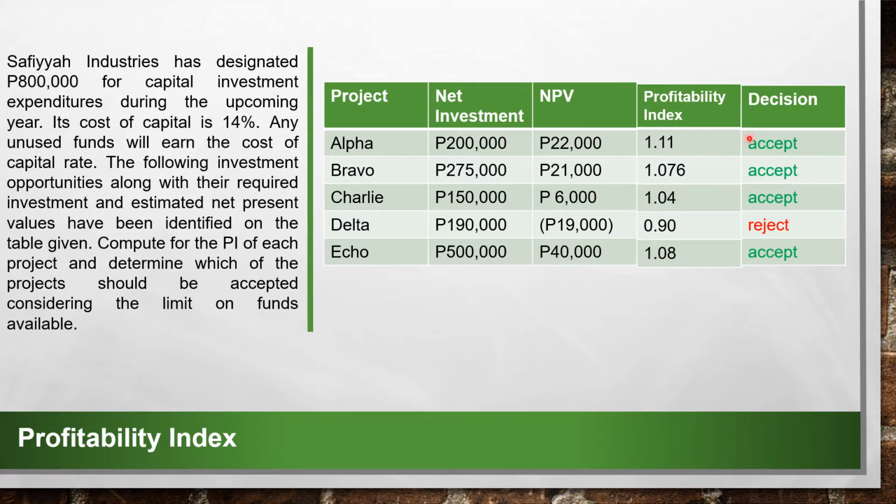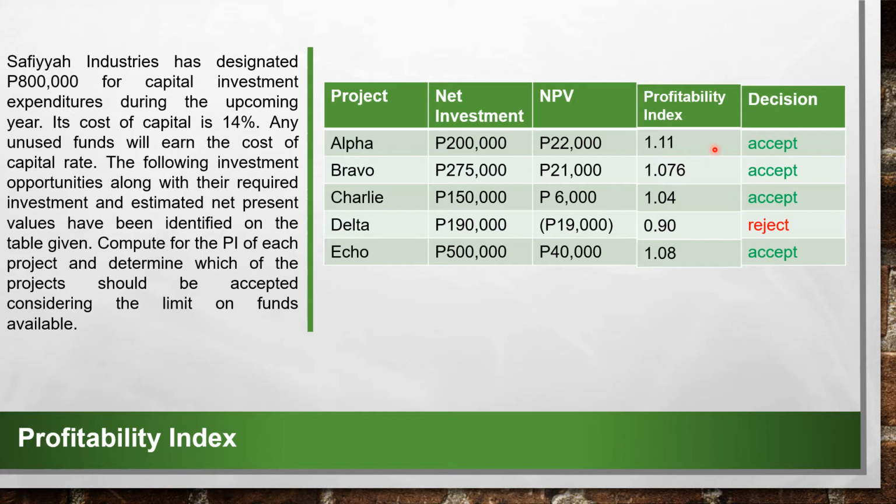But what is our decision? We have our limit here of 800,000. So therefore, our priority would be from the highest profitability index down to the lowest. First we have 1.11, amounting to 200,000.